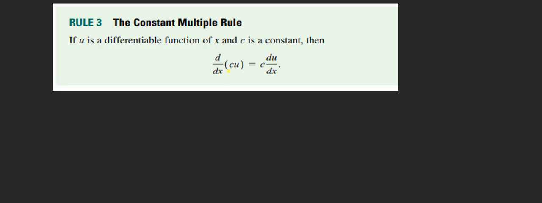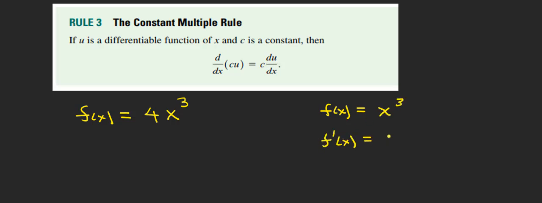So basically, if you have, let's say, f of x equals 4x cubed, here the constant will be 4, right? And remember, we just took the derivative of x cubed. What is the derivative of x cubed? Well, that was 3x squared using the power rule.